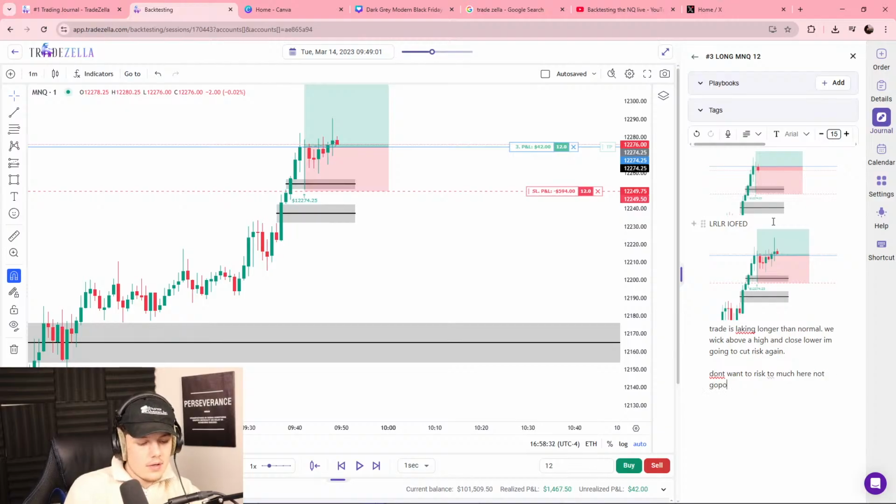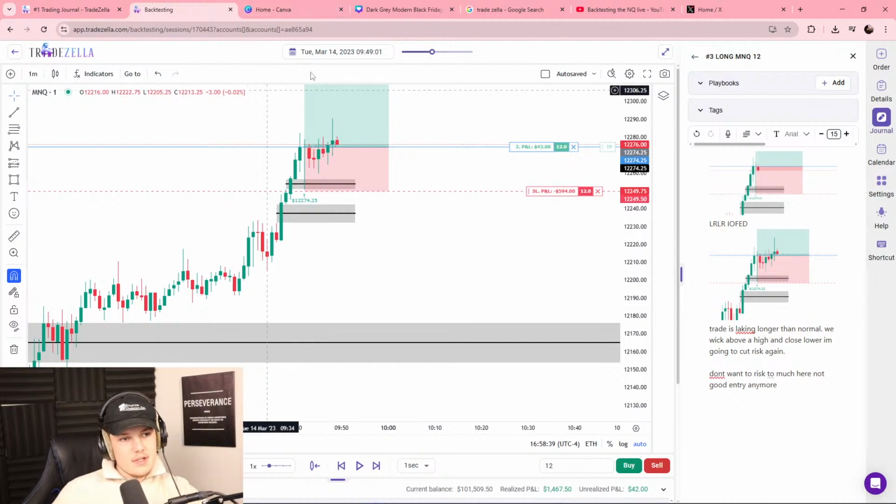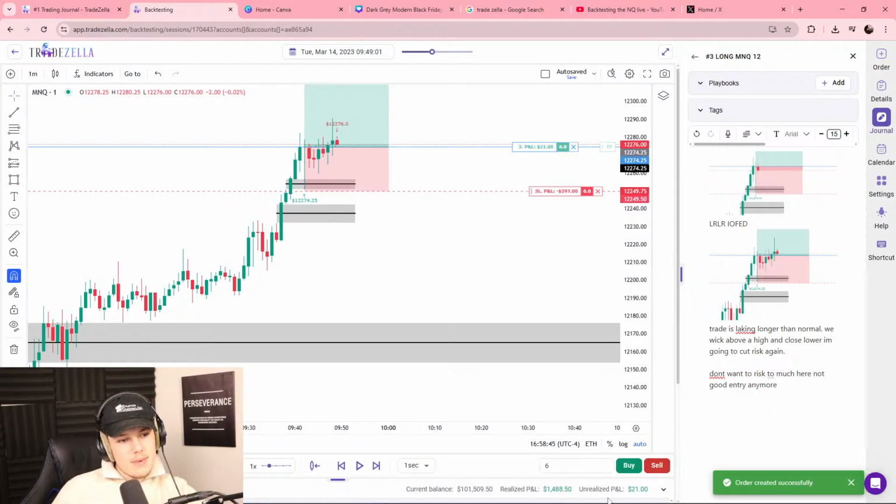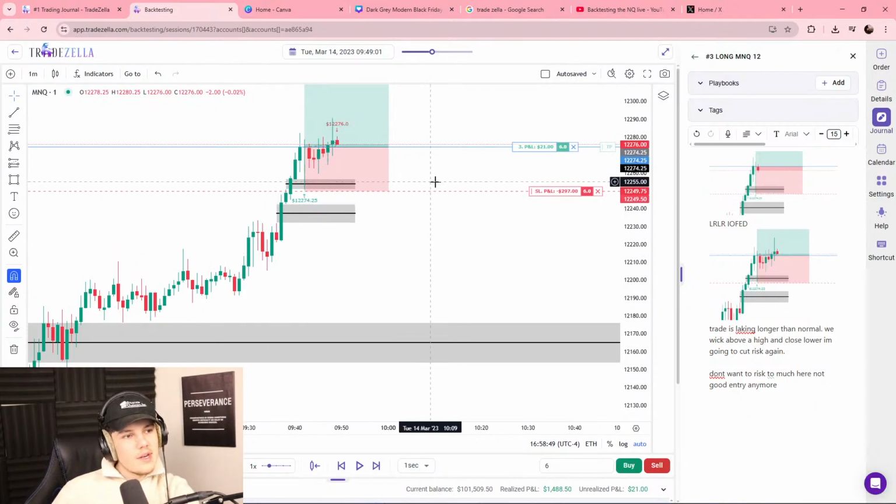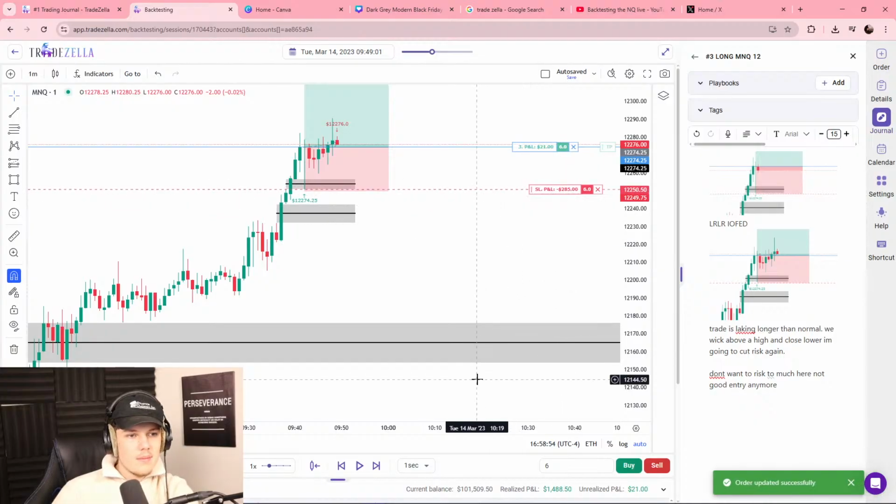Not a good entry anymore. So it's all about adapting. It's all about adapting to trading. So because of this, I'm going to half it. Bloop. I actually made $20. Nice. But now my trade is halved.